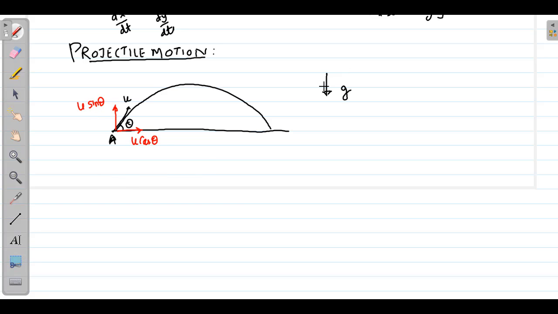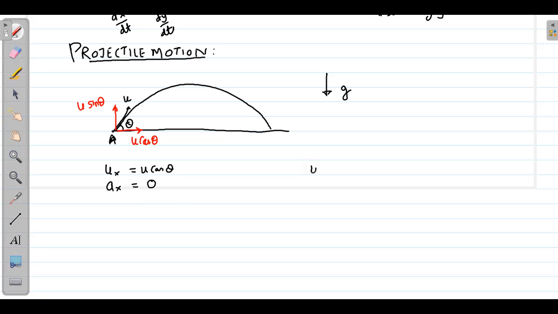There is no acceleration along the horizontal direction. So we can write some initial values: ux, the initial velocity along the x-axis, is u cos theta, and ax along the x-axis is 0.